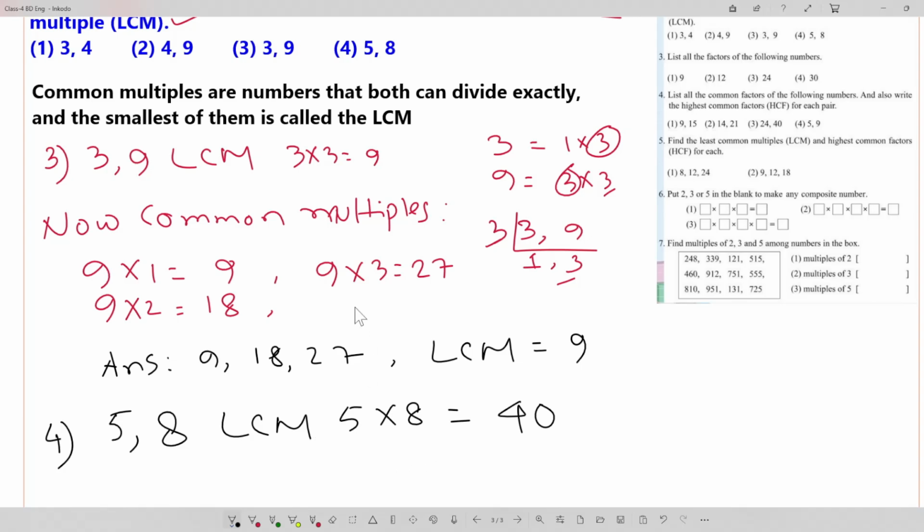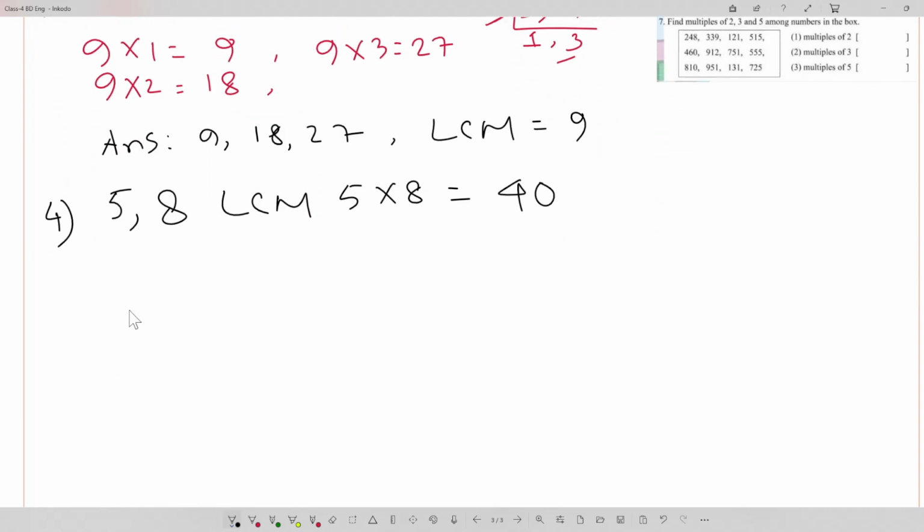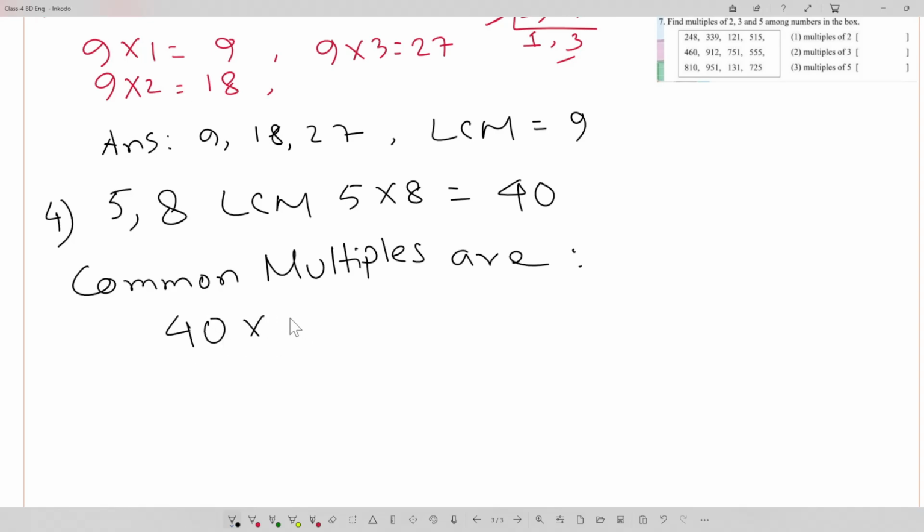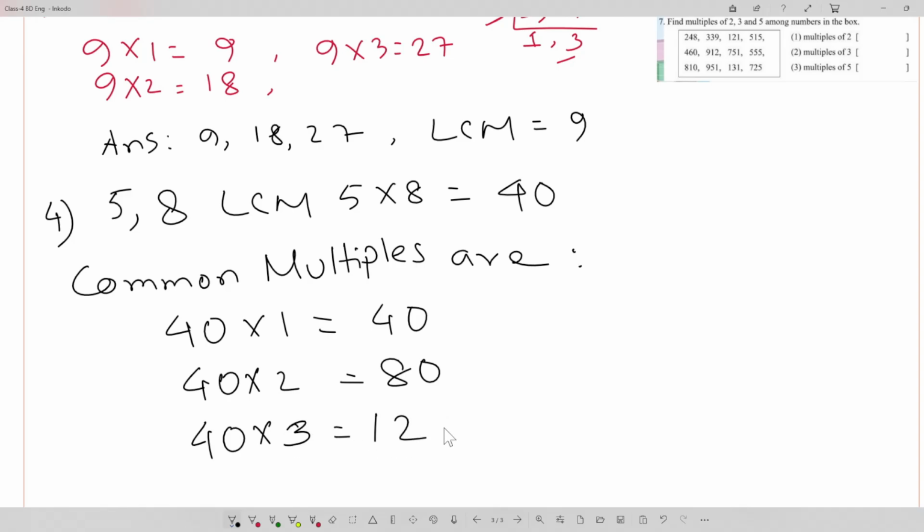Then what are the common multiples? 40 times 1 is 40, 40 times 2 is 80, 40 times 3 is 120. Okay, very simple thing.